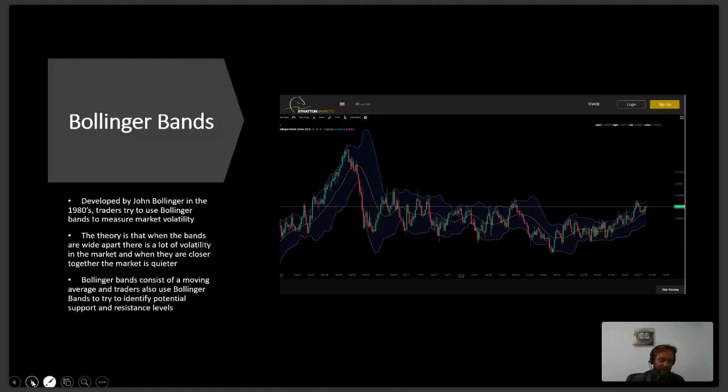Now, traders tend to use Bollinger Bands to measure market volatility. The theory is that when the bands are wide apart, okay, the market is volatile. When the bands are closer together, the market is not so volatile, it's actually ranging.